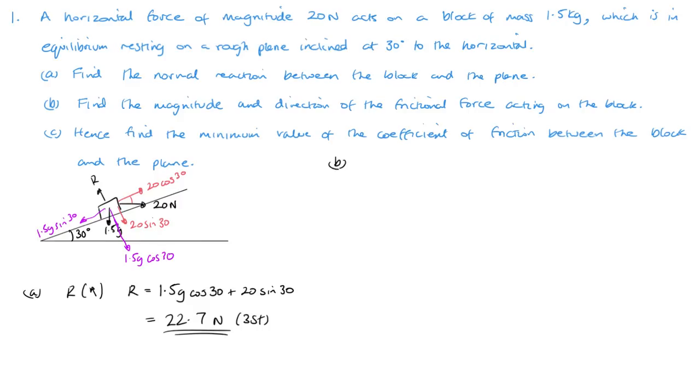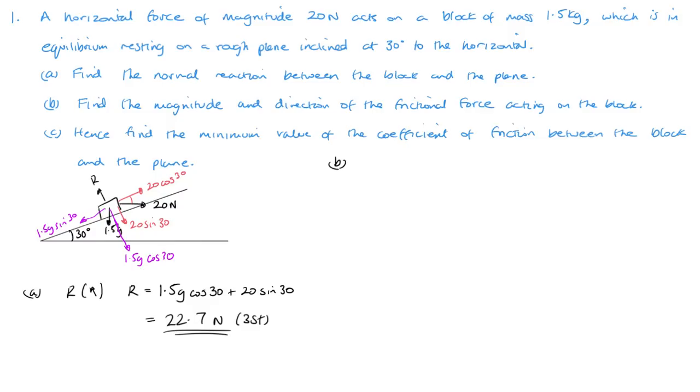Now, part B is to find the magnitude and direction of the frictional force. So first, we need to look at what's happening here. This is the force pulling it down, this is the force pulling it up. We need to see which one is larger, so that we can see which way friction will act.